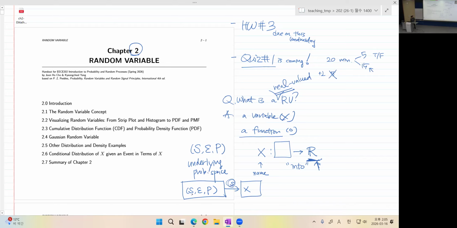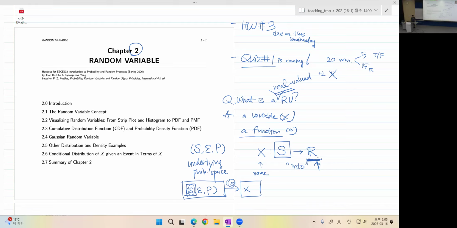And this is what? A member of the sample space. So here goes S. Got it? So now we have seen that a random variable is a function from the sample space of the underlying probability space into the set of real numbers, or the real line. Got it?